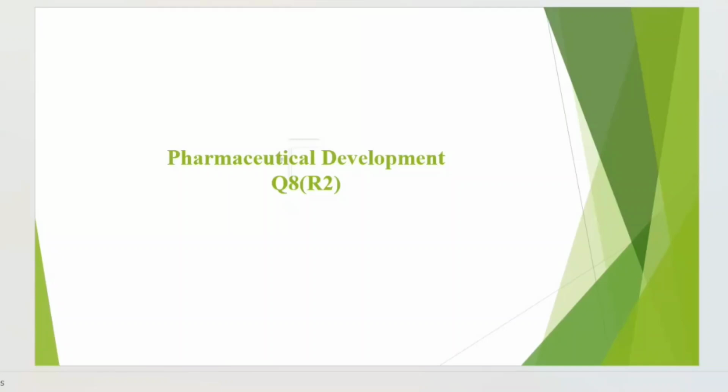Okay, we will start with today's topic. The next quality guideline we will see is the Q8 guideline. It is about pharmaceutical development.